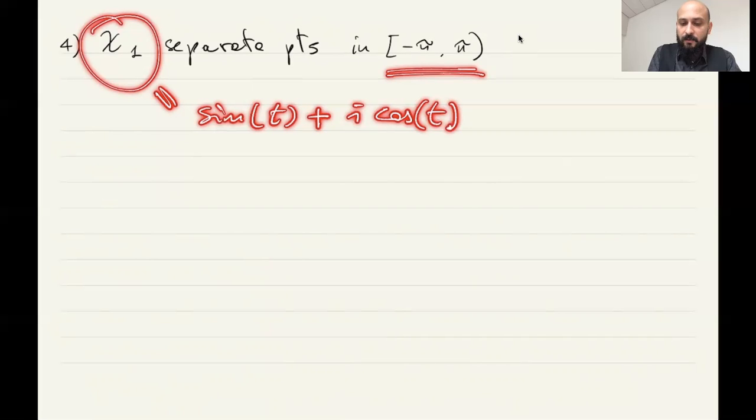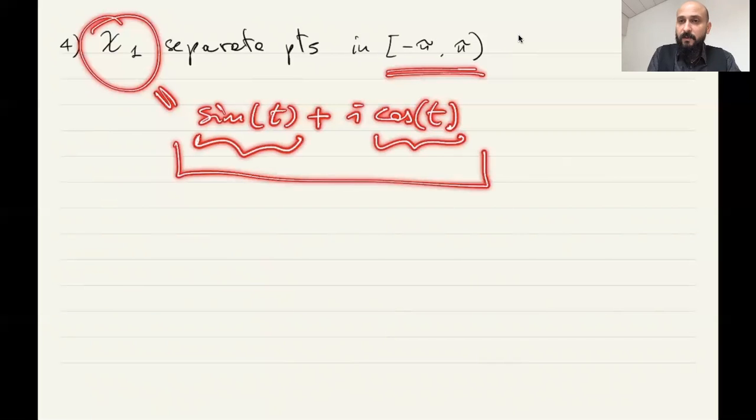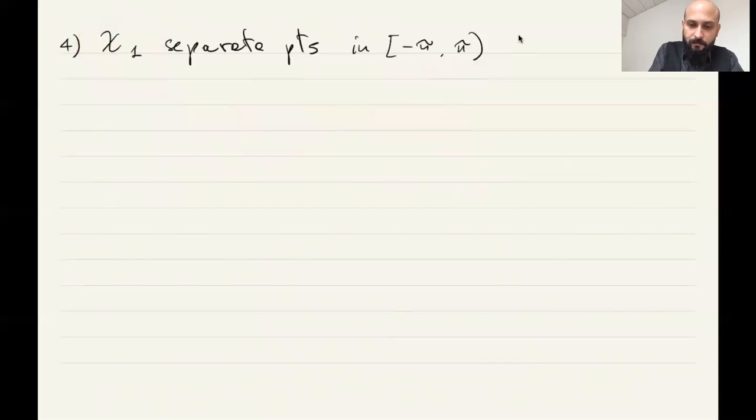You can argue by dividing this interval into two subintervals: one where sine is injective, and the other where cosine is injective. So this function, with values in the complex numbers, is injective, since key 1 is injective.